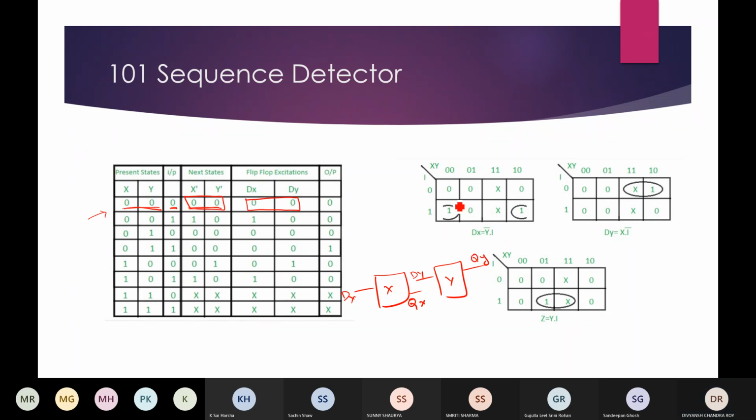So here you can see this is the K map. It has two inputs x and y. X and y are basically qx and qy. And if my input is I, here I have drawn the K map.